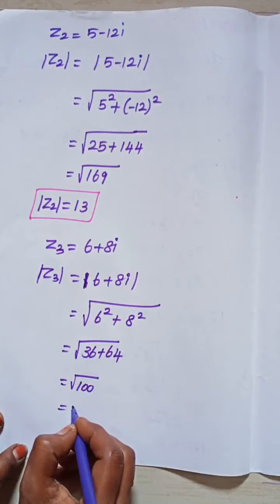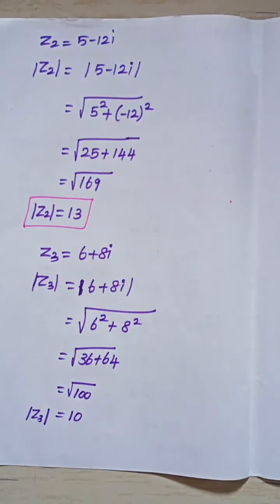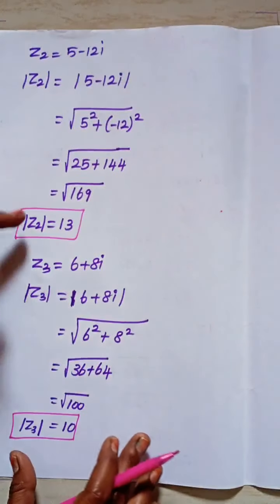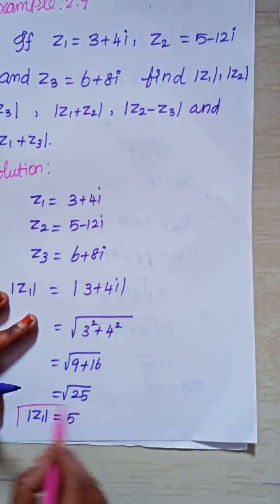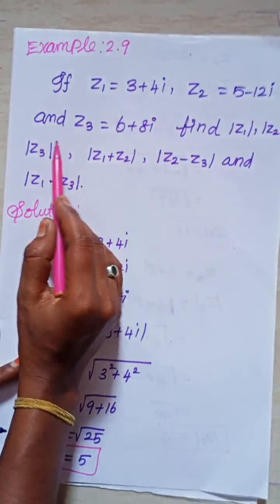Square root of 100 is 10. So modulus of z3 equals 10. We found the values for z1, z2 and z3.